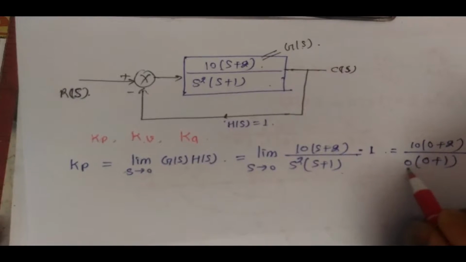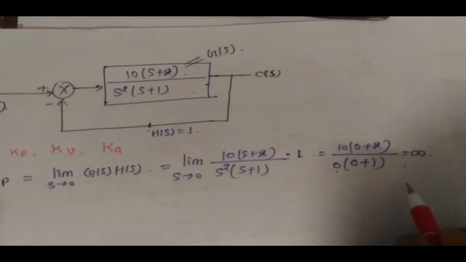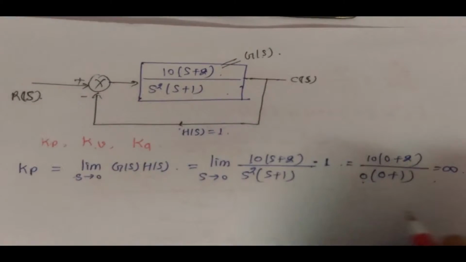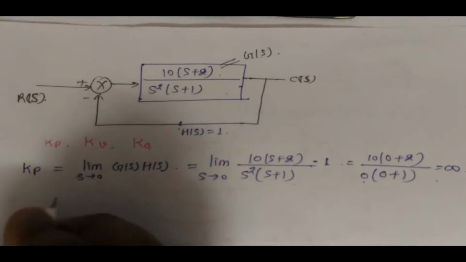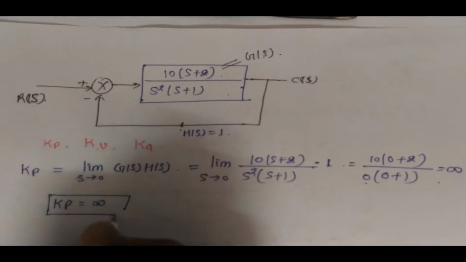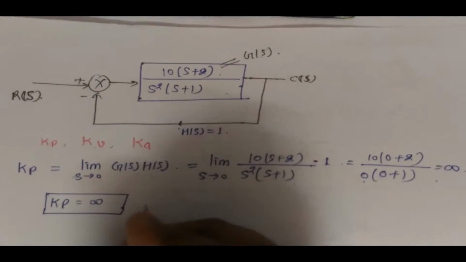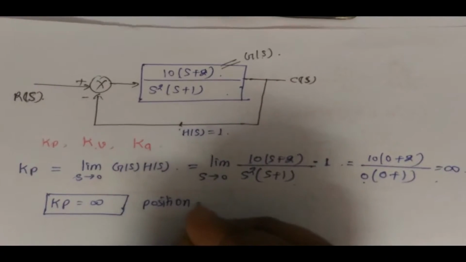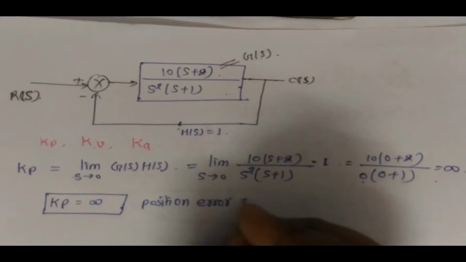Anything divided by 0 becomes infinite. So the value of Kp is infinite, and Kp is the position error constant.